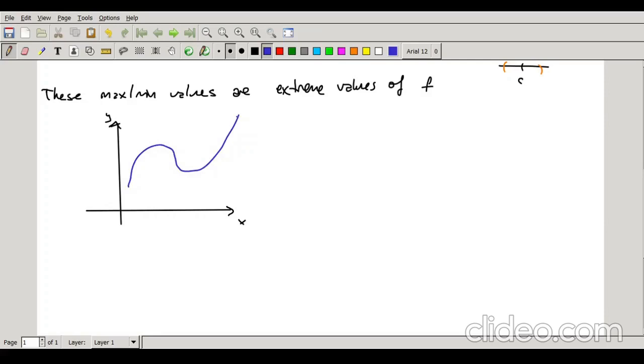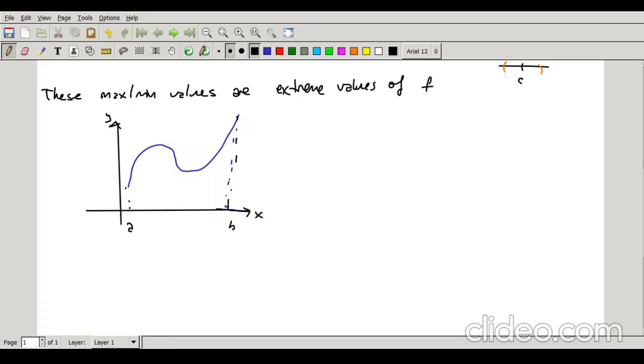Maybe it's better to continue this graph a little bit. Let me say this point is B, this point is A.